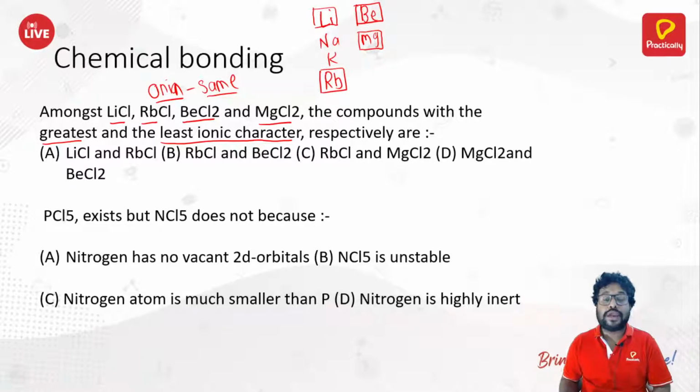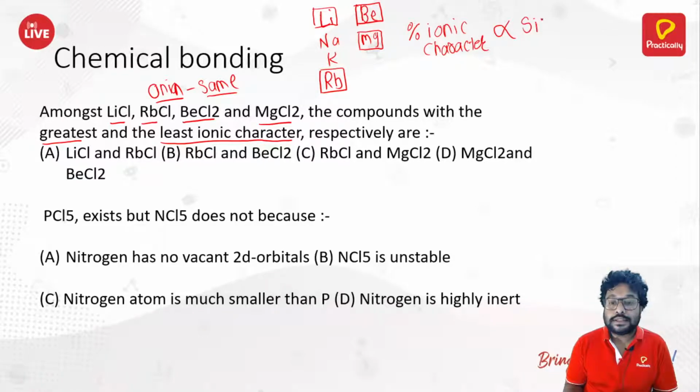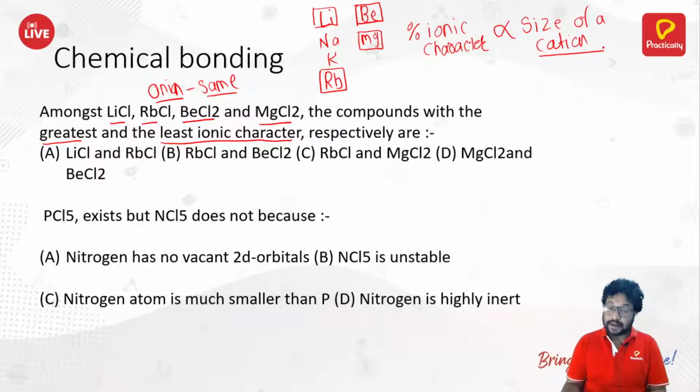The deciding factor is going to be the cation, and we know that the percentage ionic character is directly proportional to the size of the cation.